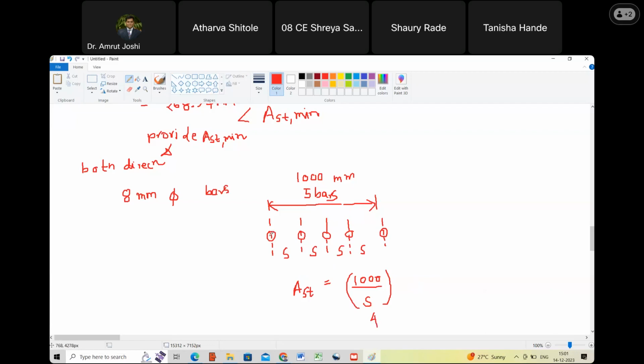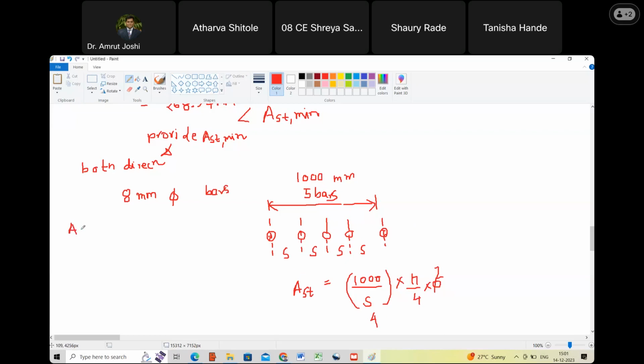The half bar goes on the other 1000 mm. This half bar goes on the other 1000 mm. So this half and this half, together with the middle 3, make 4 bars. Are you with me? So this 4 represents the number of bars that are accommodated in 1000 mm. This multiplied by area of 1 bar, that is pi by 4 into phi square. So what is the relationship between AST and spacing?